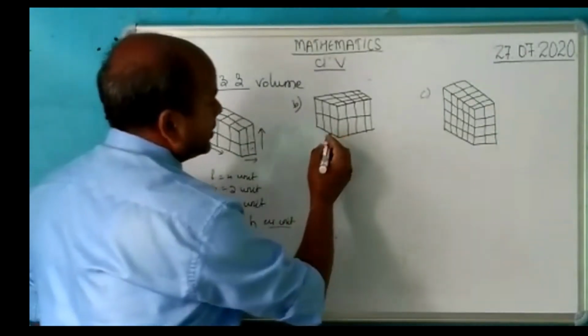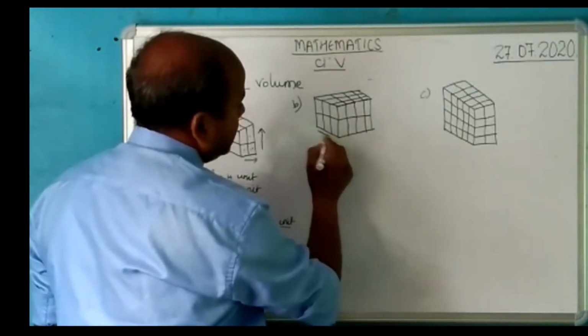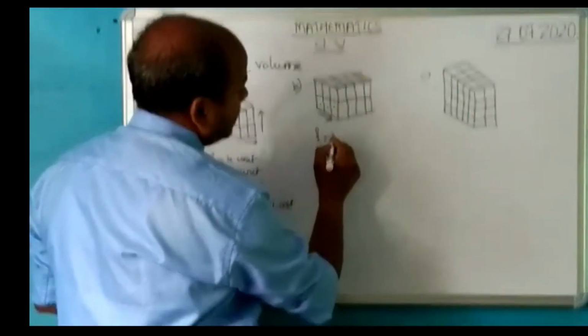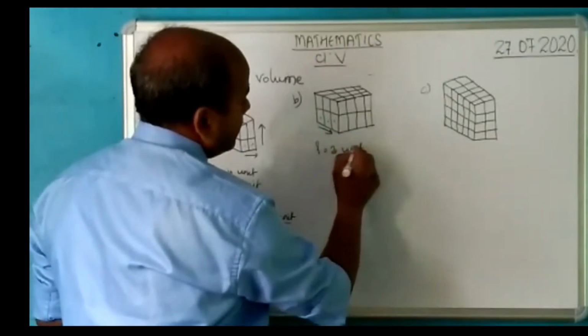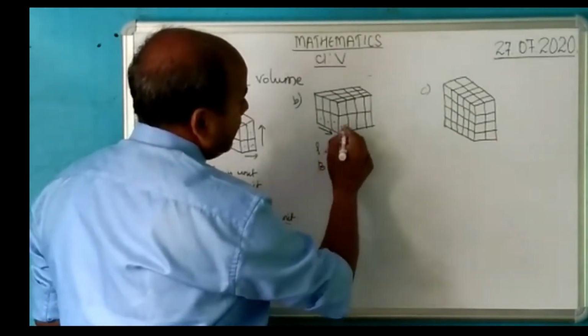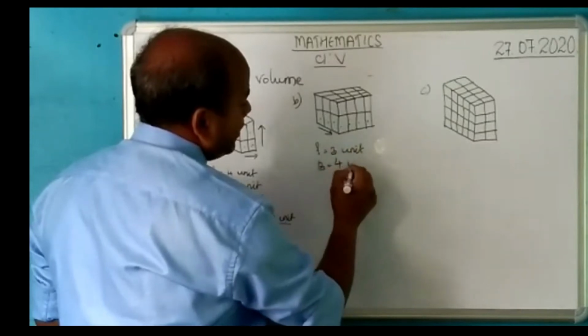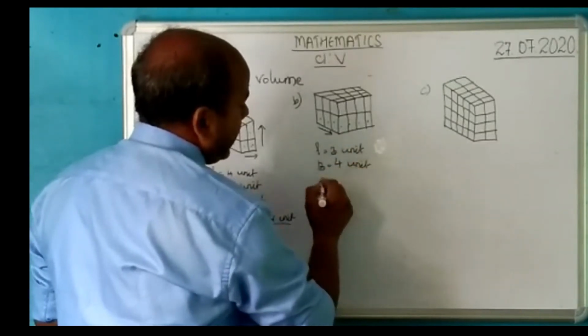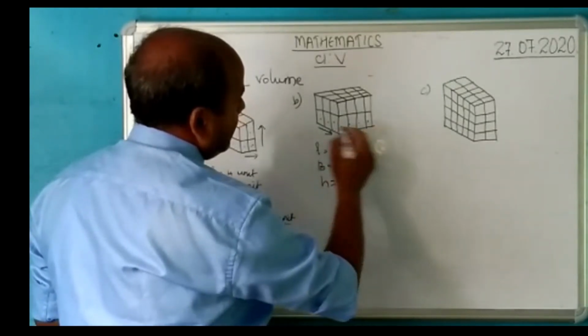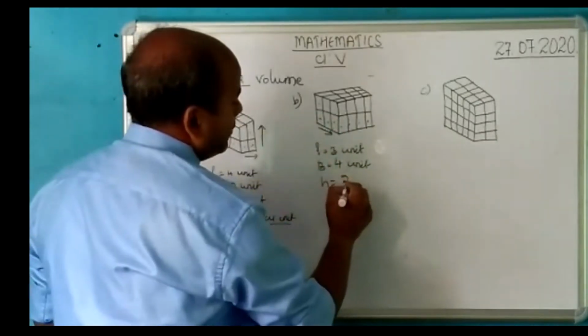Now let's try for this. This side length is 1, 2, 3, 3 unit. Then you have breadth 1, 2, 3, 4, 4 unit, and height is 1, 2, 2 unit.